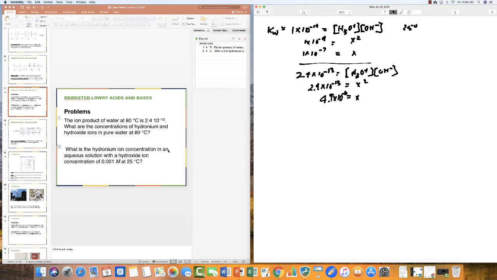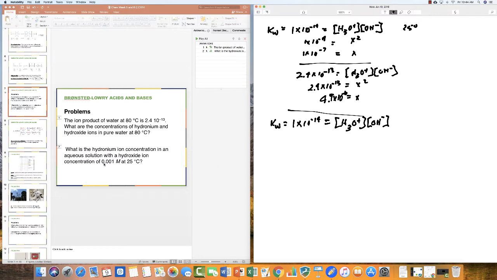What is the hydronium ion concentration in an aqueous solution with a hydroxide ion concentration of 0.001 at 25 degrees? Okay, again, the Kw remains constant at 1 times 10 to the minus 14, and that's going to equal the hydronium ion concentration times the hydroxide ion concentration.